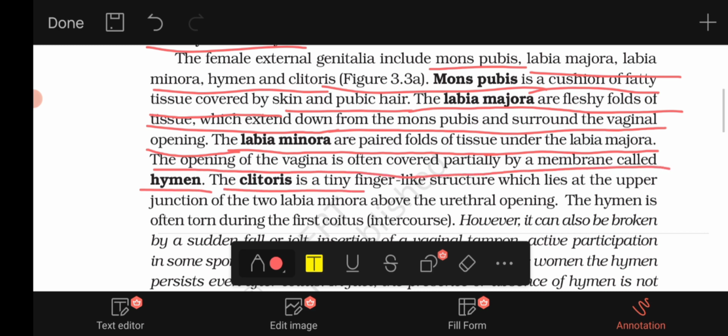Clitoris is a tiny finger-like structure which lies at the upper junction where the two labia minora are fused, above the urethral opening. The hymen, the membrane partially covering the vaginal opening, is often torn during first coitus or intercourse.